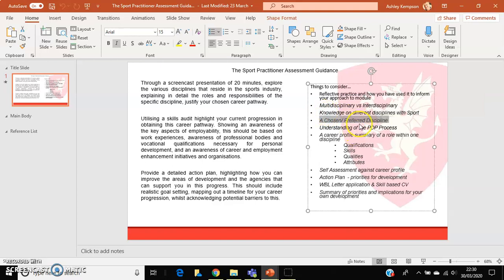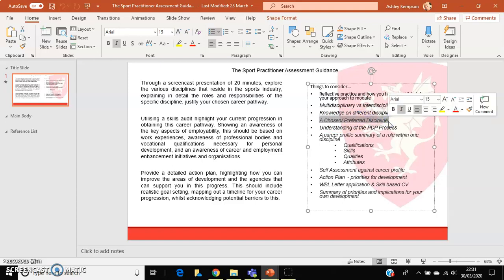For example, mine would be teaching, so that would be my chosen and preferred discipline, and then I might choose sports psychology and sports biomechanist. I talk a little bit about the roles and responsibilities of the 2 minor ones, and then a chosen and preferred discipline, which would be my 3rd one.